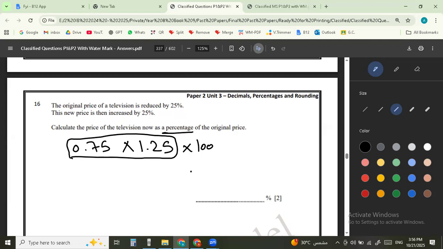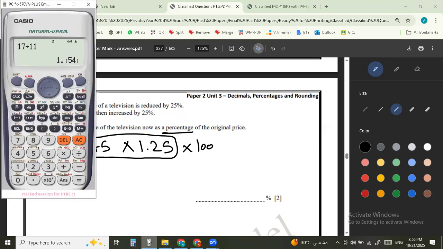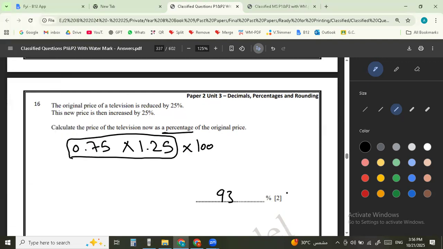We agreed whenever they request a percentage, multiply by 100. So let's do this: 0.75 times 1.25 times 100 equals 93.75%.